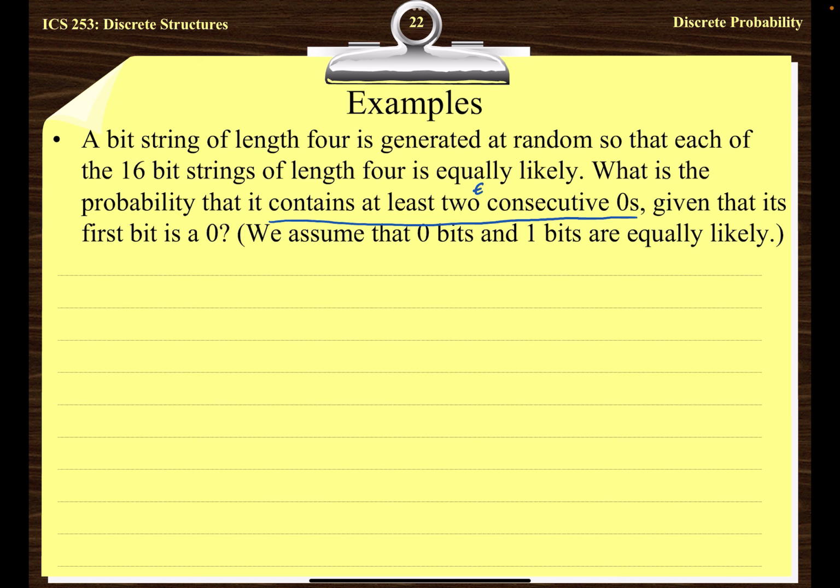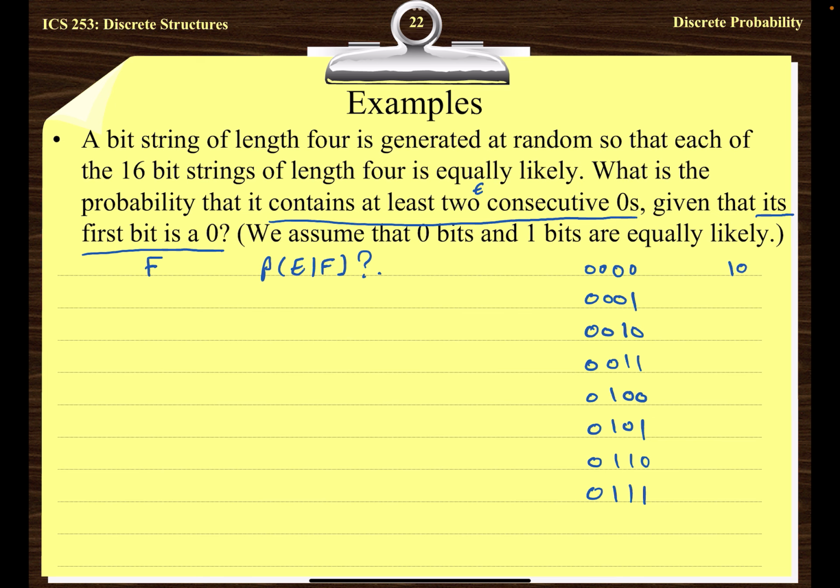What do I have? 0000, 0001, 0010, 0011, 0100, 0101, 0110, 0111. And on the other side, 1000, 1001, 1010, 1011, 1100, 1101, 1110, and the last one, 1111. Okay, so this is my sample space.